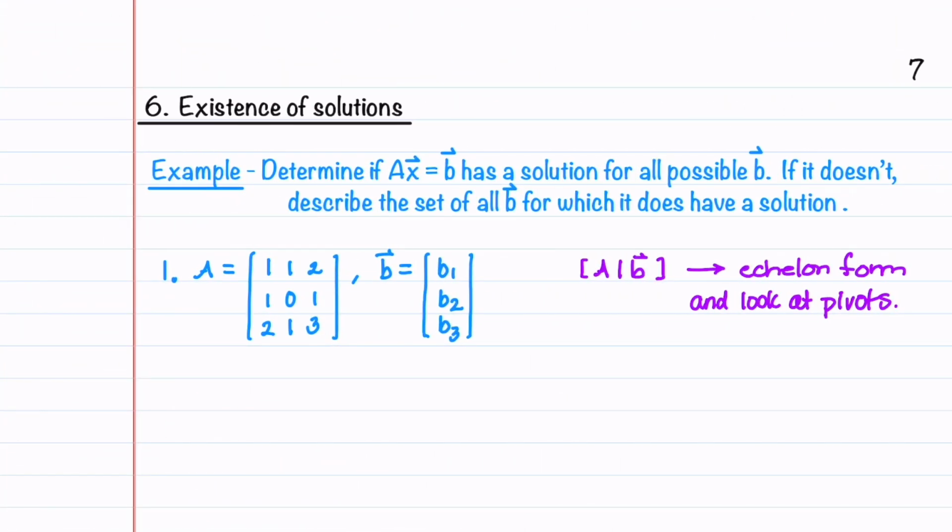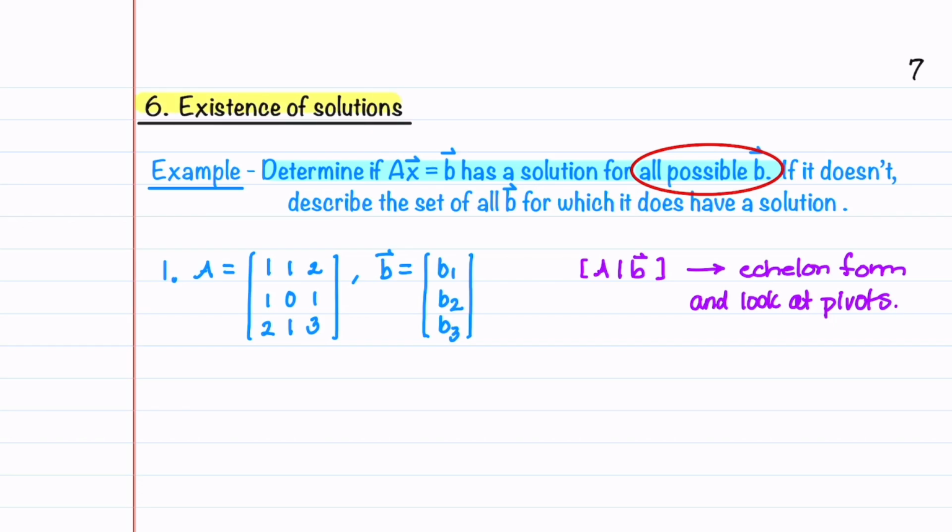When we talk about solutions to a matrix equation, we often want to determine if our matrix equation has a solution for all possible B. This is called the existence of solutions.